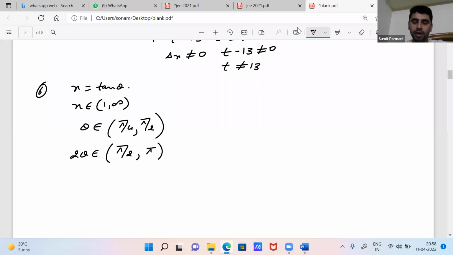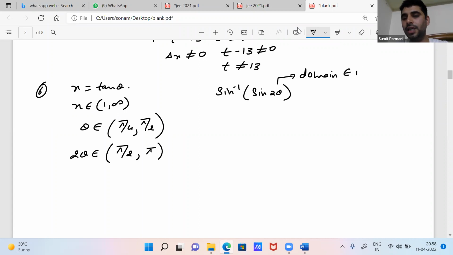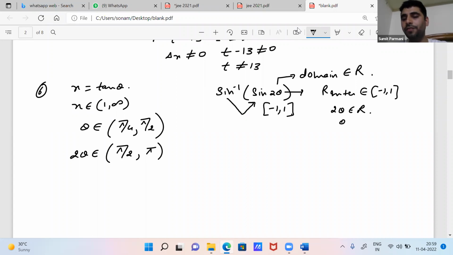Now if you are good with inverse trigonometry, you must know the graph of sine inverse sine 2 theta. I'm talking about the domain. The domain of this function is R, because from the side of sine inverse, the domain is -1 to 1, and from the side of the internal function, the range is -1 to 1 for 2 theta belonging to R, therefore theta belongs to R. So what is the graph?